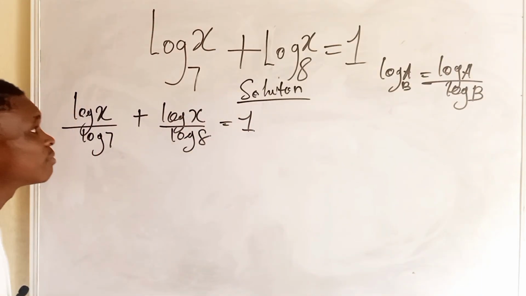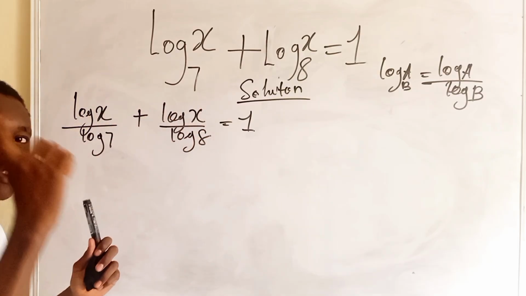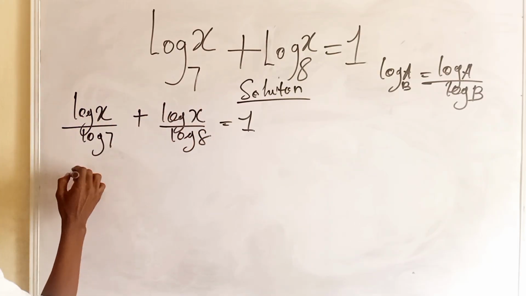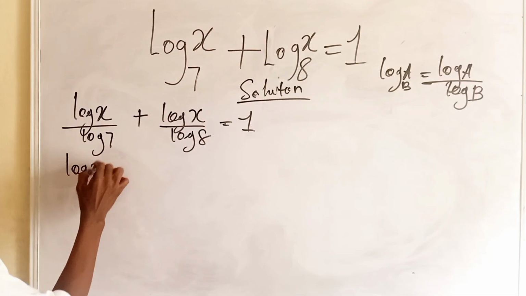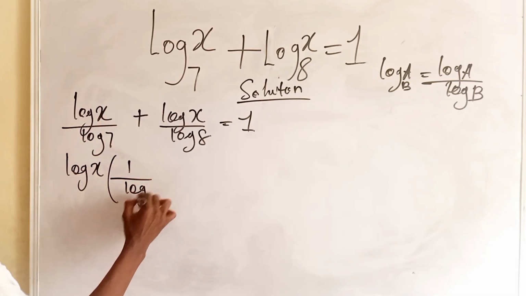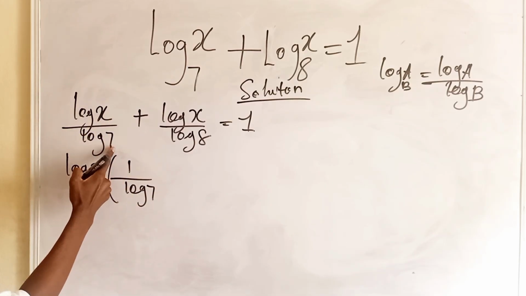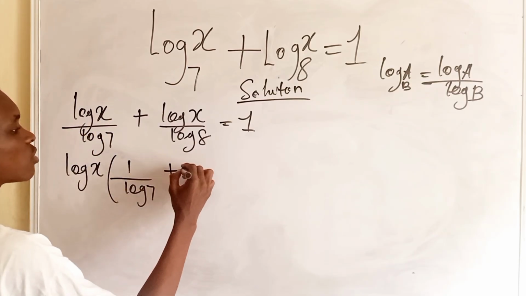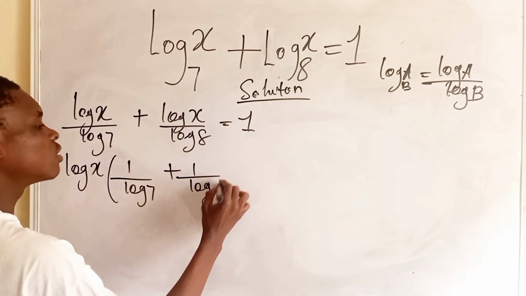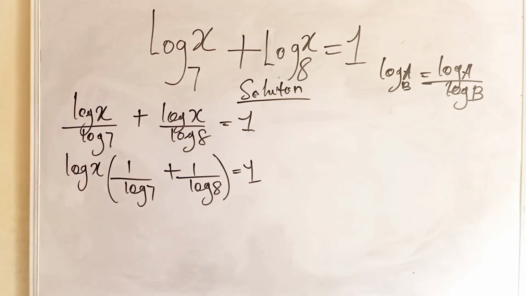Now, what is the second step? Clearly, you can see that log x here is common. Let's take it outside. Let's factorize it. So this can give us log x into bracket 1 all over log 7, because log x times 1 gives us log x all over log 7, plus 1 all over log 8 equals 1. So what's the next thing?